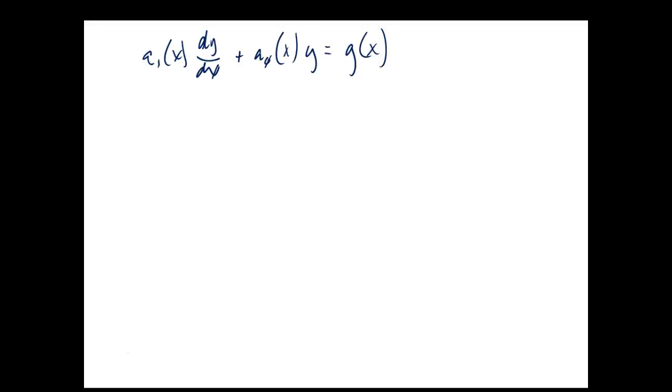The derivative could have been second derivative, third derivative, fourth derivative. Doesn't matter how high that goes. It's just that none of the derivatives can be squared or cubed into the 1/2 power or something like that. And the y's can't be squared or cubed into the 1/2 power or something like that, or to the negative power. Those would not be linear. Okay. The g can be anything.